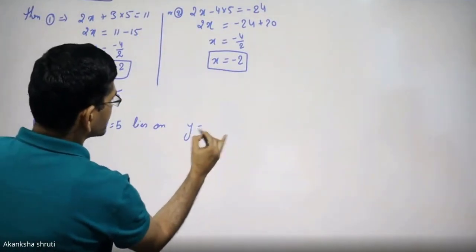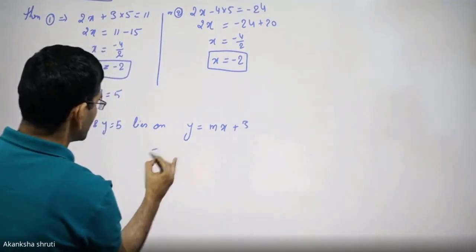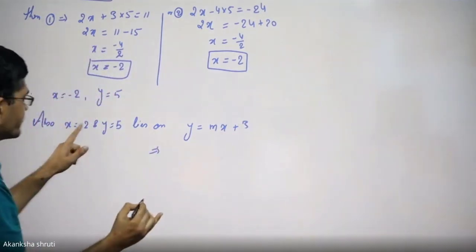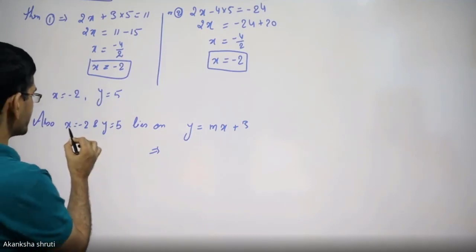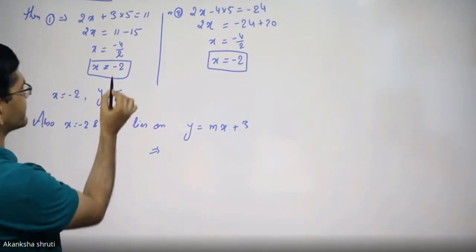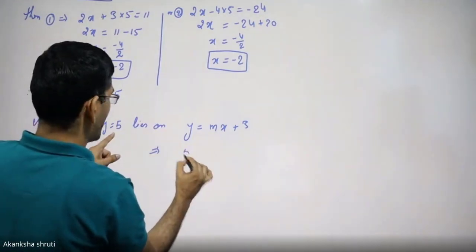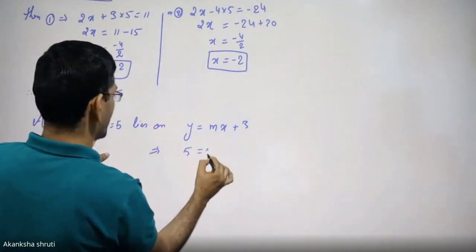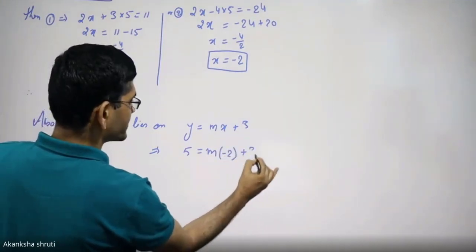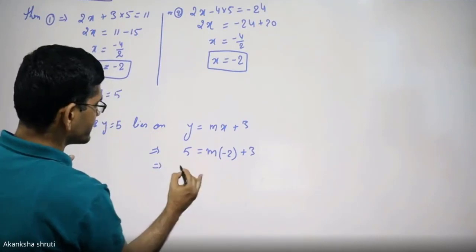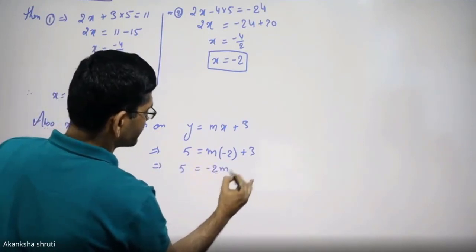So we substitute the values of x and y that we have calculated in this third equation. It is our 5 equals m, x is our minus 2, plus 3. This implies 5 equals minus twice of m plus 3.